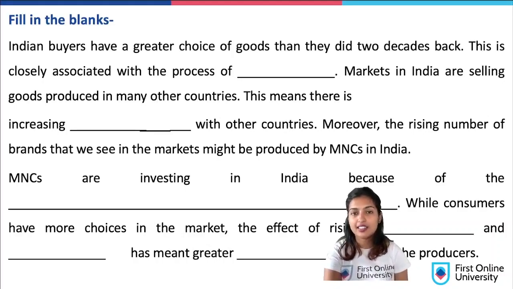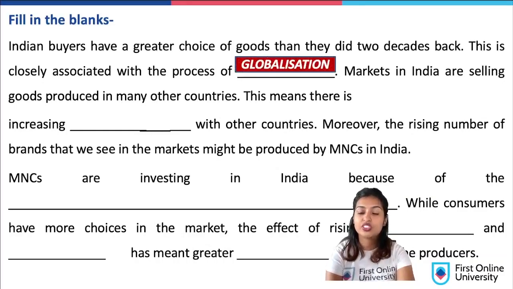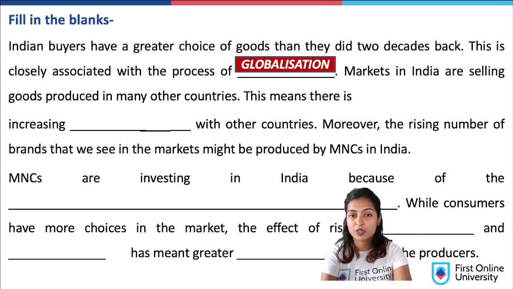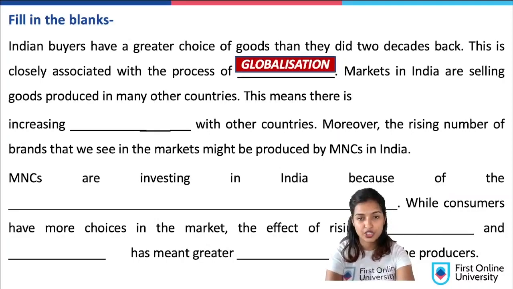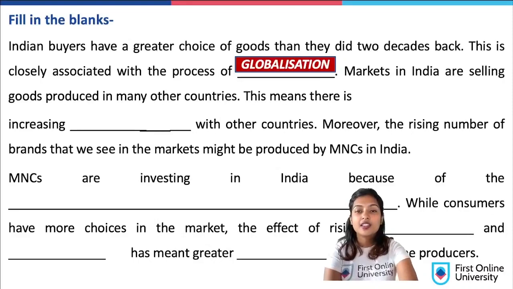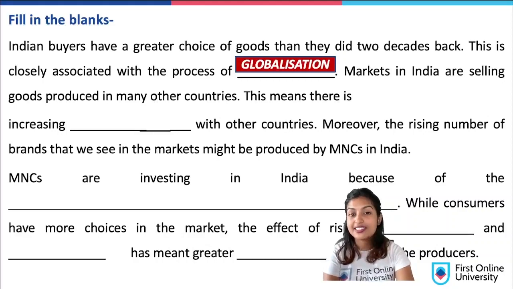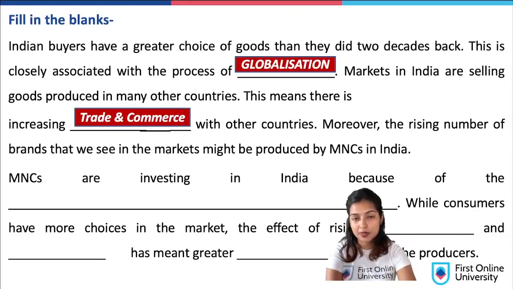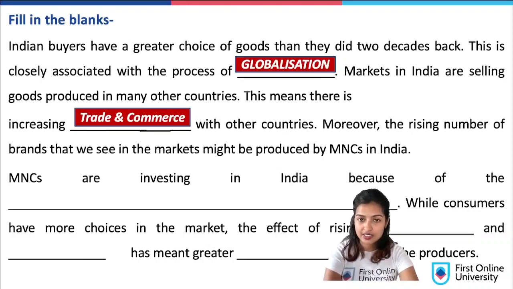Let us start now. Indian buyers have a greater choice of goods than what they did 2 decades back. This is closely associated with the process of globalization, right? Markets in India are selling goods produced in many other countries. This means there is increasing trade and commerce with other countries.